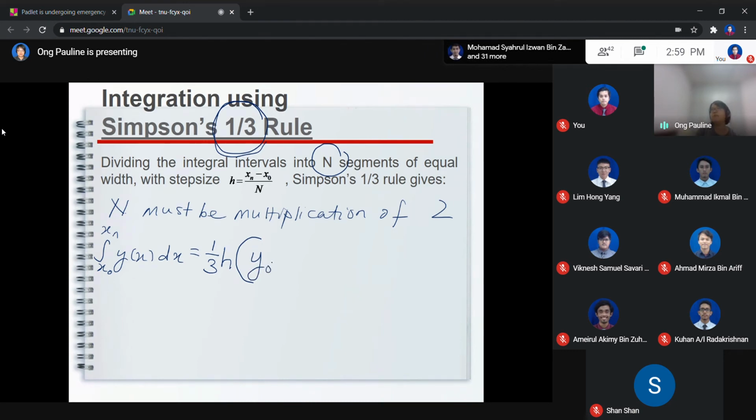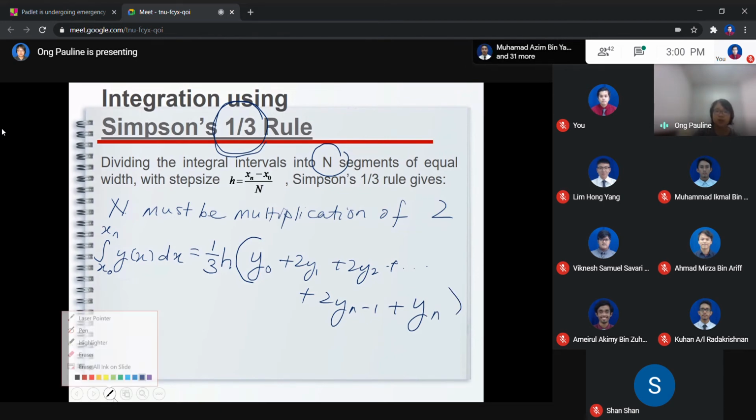If you recall the trapezoidal rule, you have plus 2y1, 2y2, until 2y(n-1), and then plus the ending point. So this is the trapezoidal rule. However, for the Simpson's rule, the starting point and ending point are the same: you still have y0 plus yn.